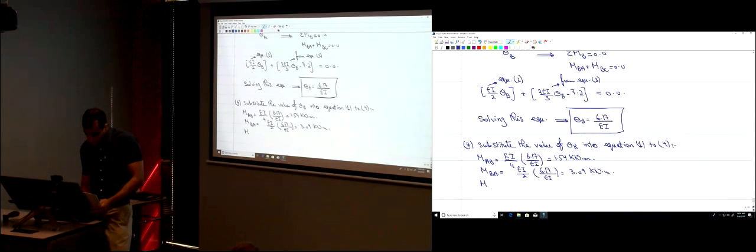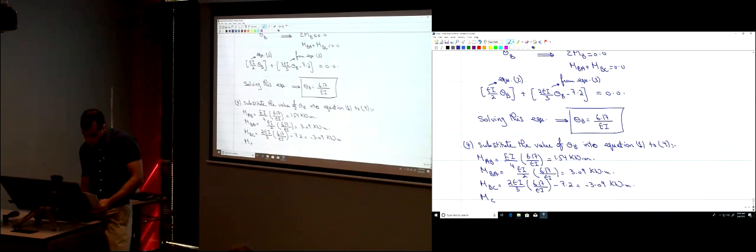And then equation 3, MBC. It's 2EI divided by 3 theta b. Now I know theta b, 6.17 divided by EI, minus 7.2. So that's negative 3.09 kilonewton meters.